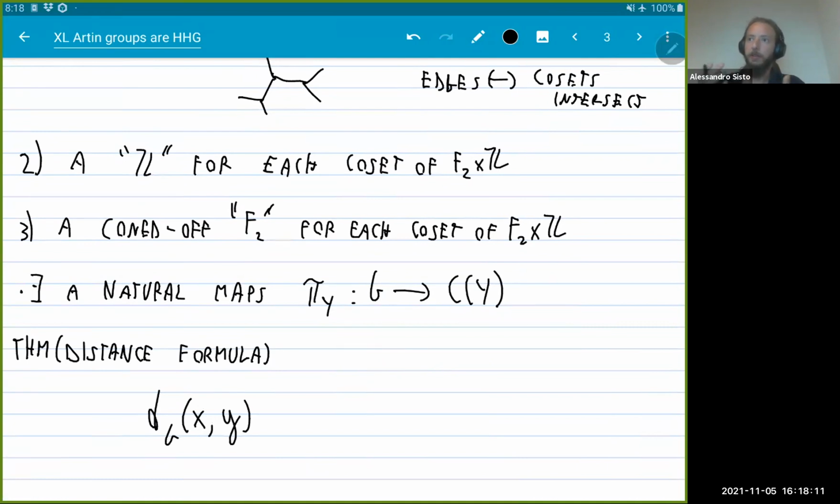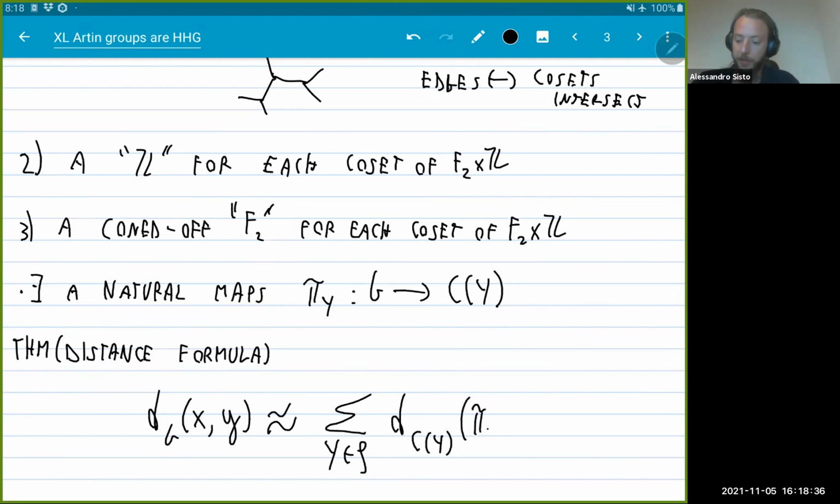If it was the usual coordinate system on R^n, you would say that up to multiplicative and additive constants, this is the same as the sum over all coordinates of the distance in that coordinate, so d(π_Y x, π_Y y).